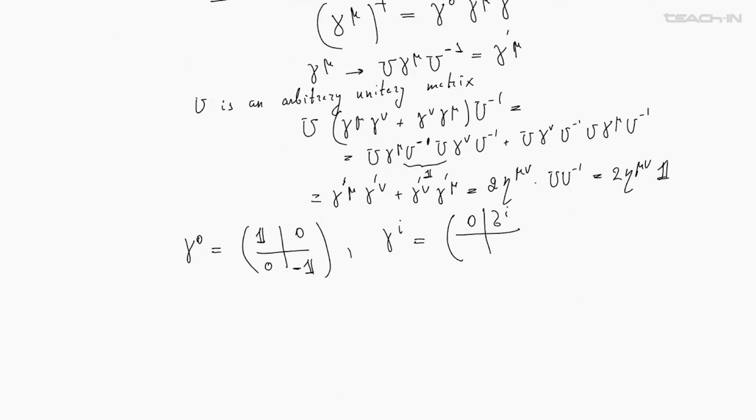And this concrete representation of gamma matrices, in which gamma 0 is diagonal, is called the Dirac representation.